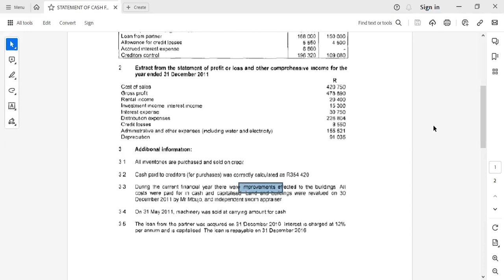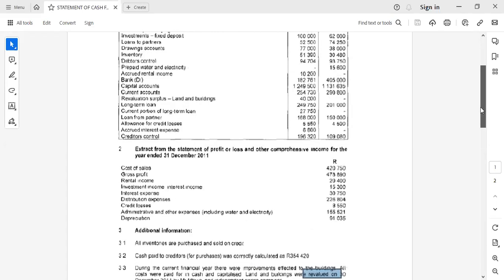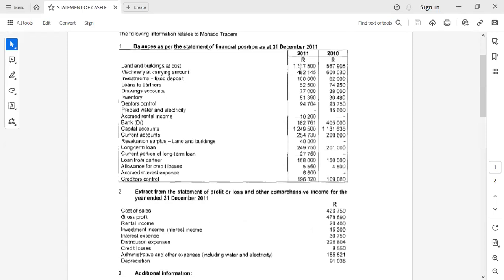So what we have to do is go to the buildings, but we should also be very careful because there was a revaluation. A revaluation does not involve cash. So we should make sure that the increase that we take excludes the increase due to revaluation, because a revaluation does not involve cash. Now we're told here that our land and buildings moved from 567,905 to 1,147,500.